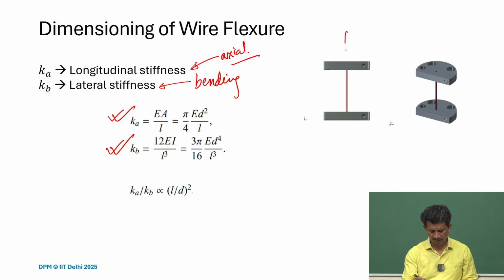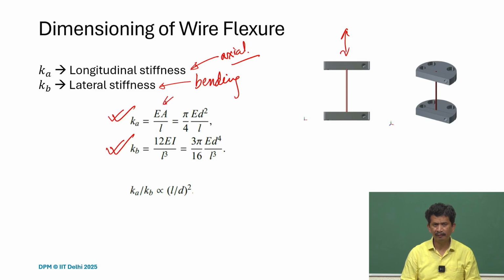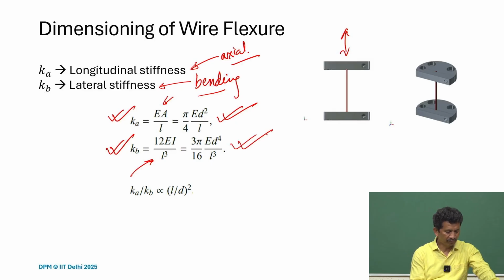Along the vertical direction, that's because of the longitudinal force, and we know it's EA/L, and then we substitute A with D, we get this formulation. Lateral stiffness is because of the bending, for both ends fixed and moving guided. So it's 12 EI/L³, and again we can substitute. What happens if we compare these?